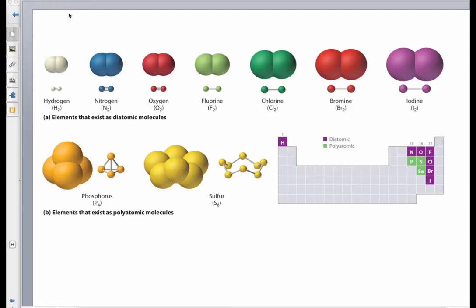Here is an oxygen molecule, and a fluorine molecule, and a chlorine molecule, and a bromine molecule, and an iodine molecule, all that have 2 atoms, and they're all molecules, but these molecules don't make compounds. These we would call, and you don't have to remember this, diatomic molecules.